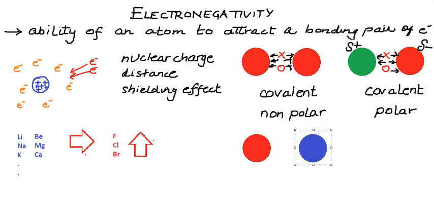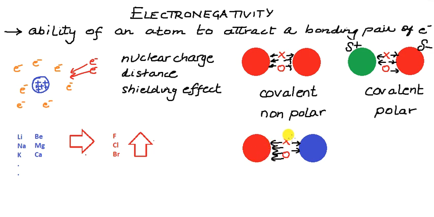Now, if I was to take a bonding pair of electrons between these two, and figure out how they are going to actually end up, we will find that the atom that has very high electronegativity compared to the one that has low electronegativity will pull the entire pair towards itself, so much so that it will end up producing two ions.